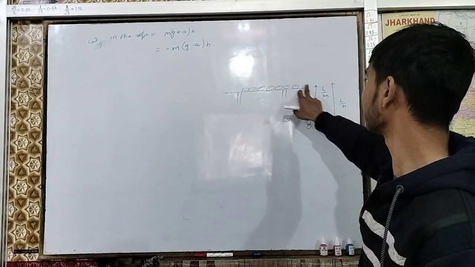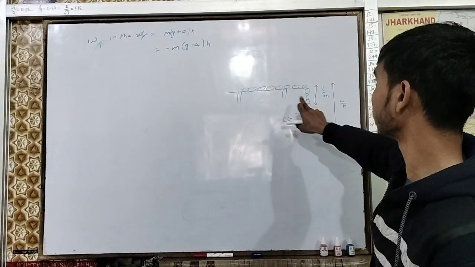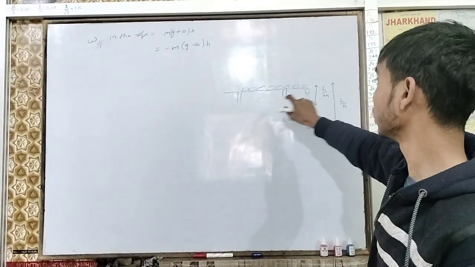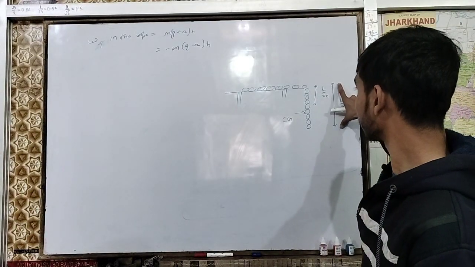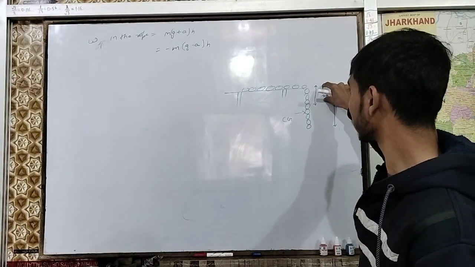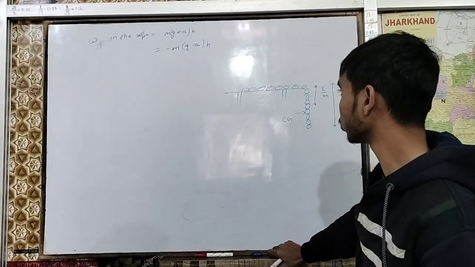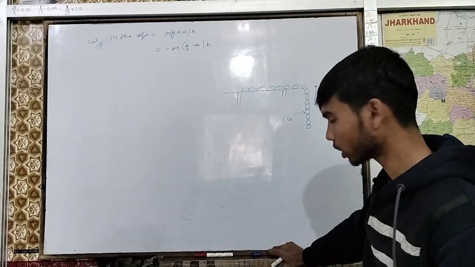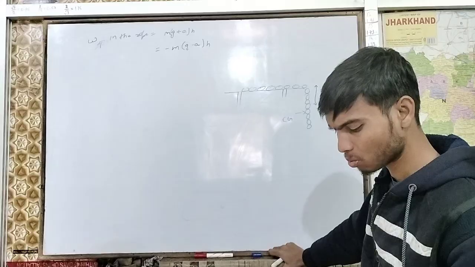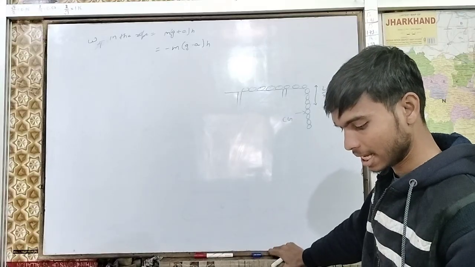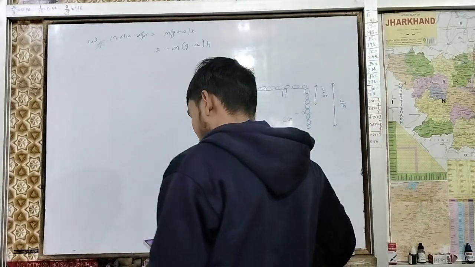The complete length of this chain is l. This hanging part is l upon n, and this small part is l upon 2n. The rest is kept on the smooth table.